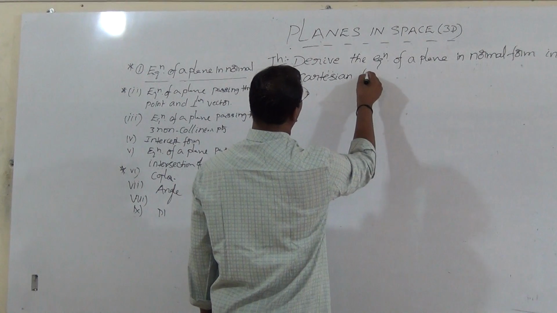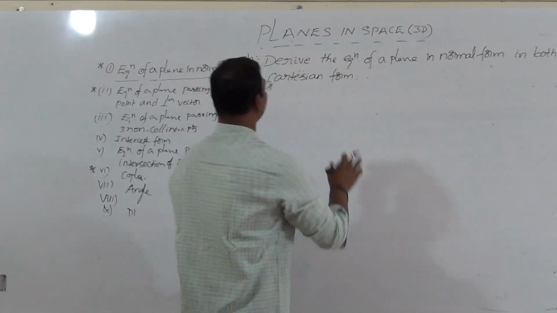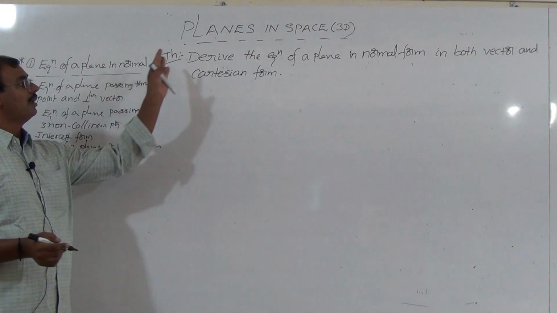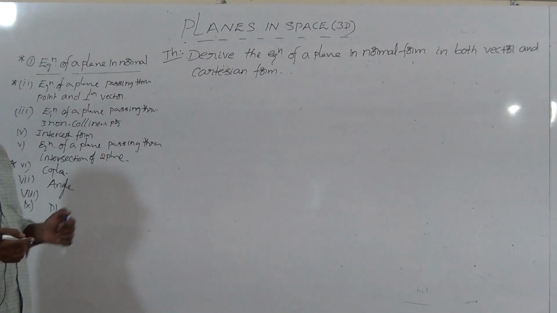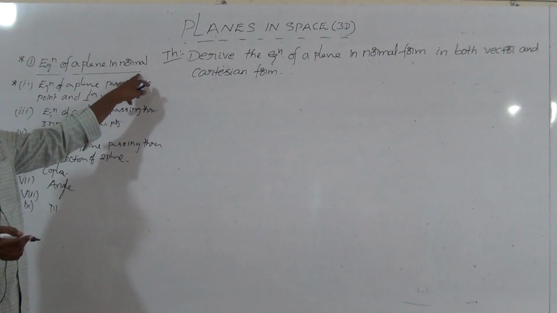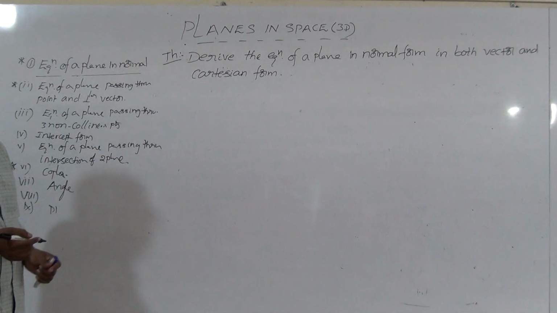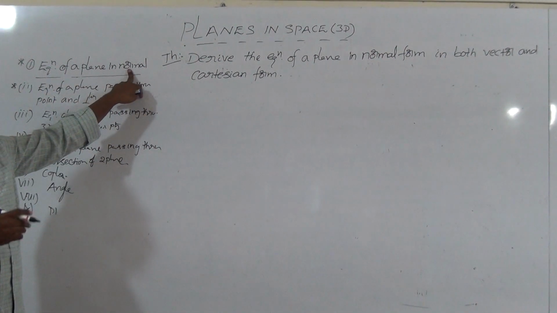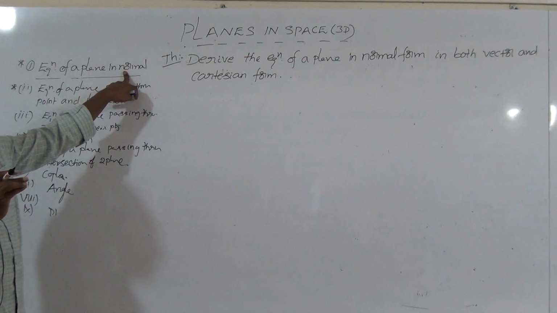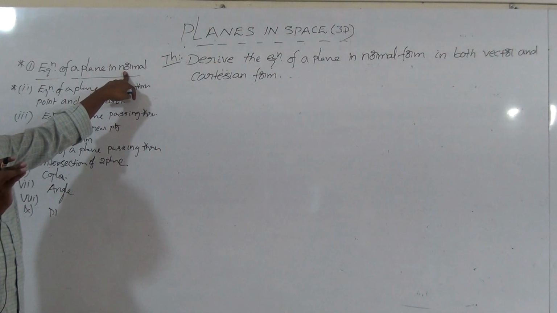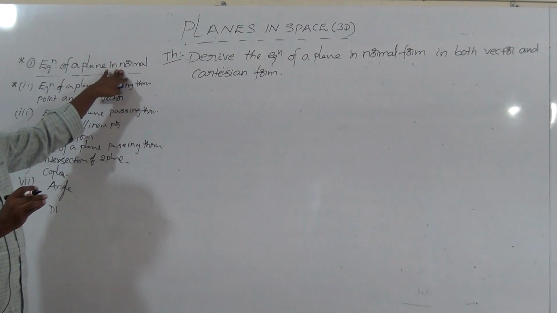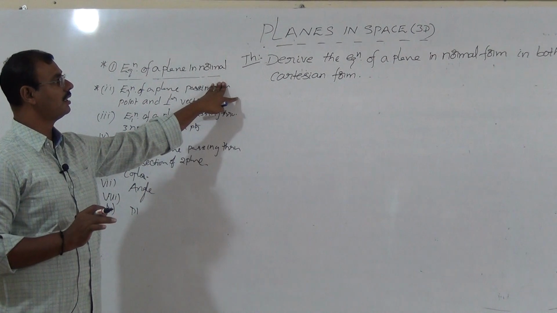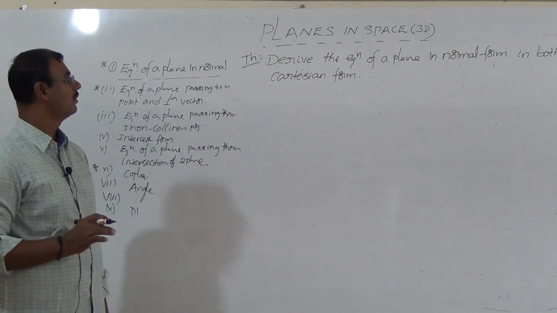So this is very, very important. Here the normal vector is given, the perpendicular vector, and the distance from the plane to the origin is also given. Normal form means perpendicular to the plane, the perpendicular distance of the plane from the origin. Remember all of you this meaning.